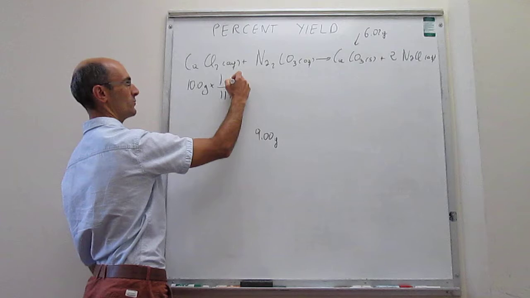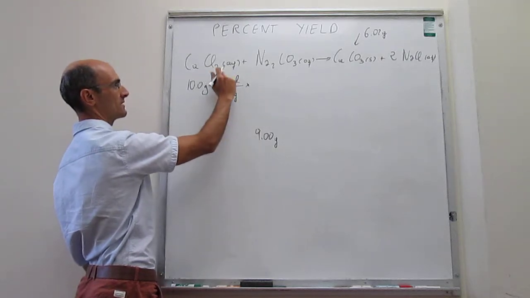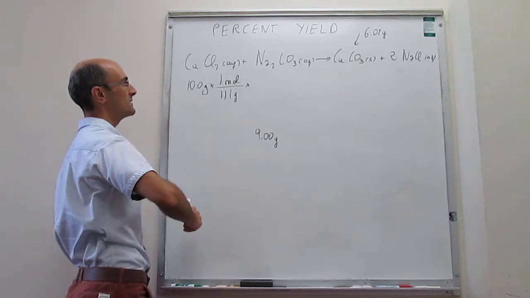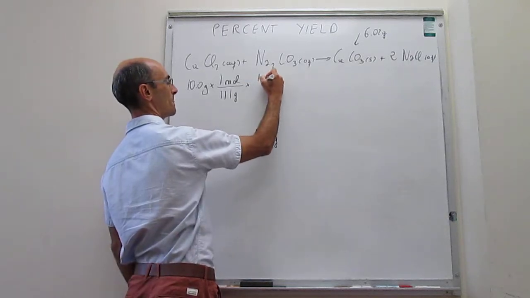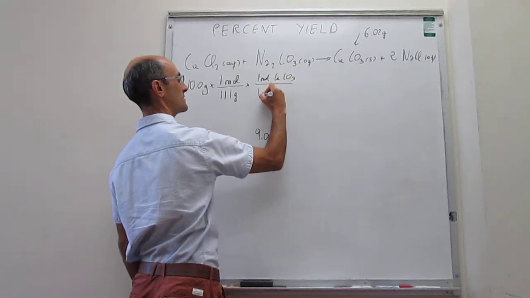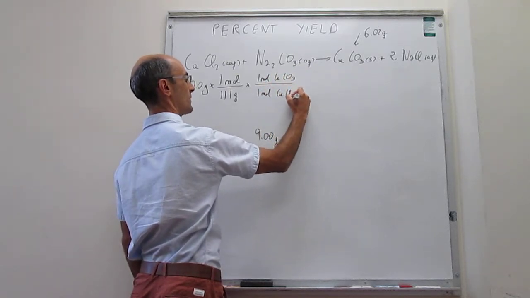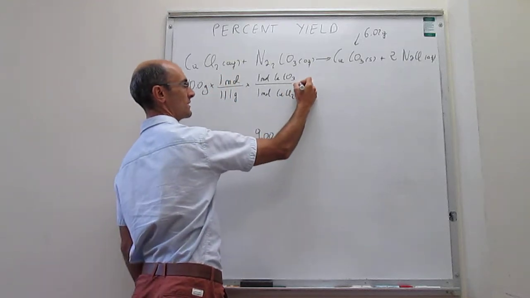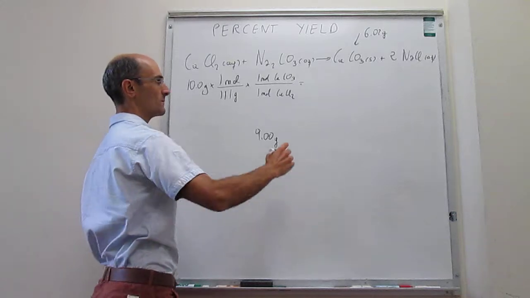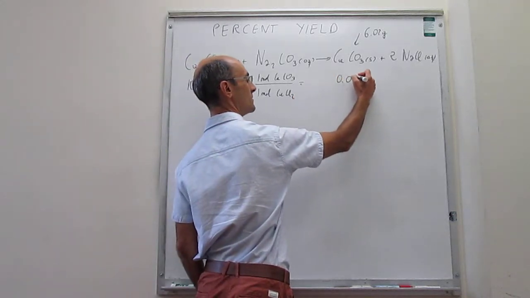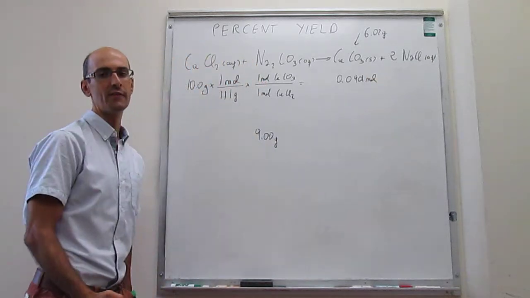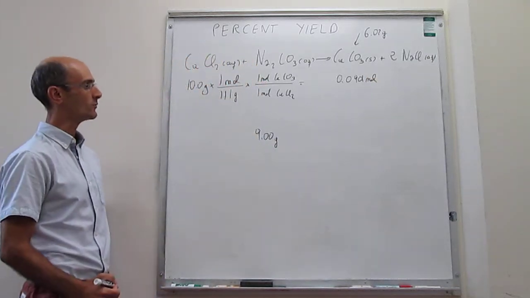Okay, and up to here you would get the number of moles of calcium chloride. We have to do the stoichiometric conversion to calcium carbonate. There's 1 mole of calcium carbonate for every mole of calcium chloride, so this will give us directly the number of moles of calcium carbonate. And that number happens to be 0.0901. Okay, that will be the number of moles if calcium chloride was limiting.